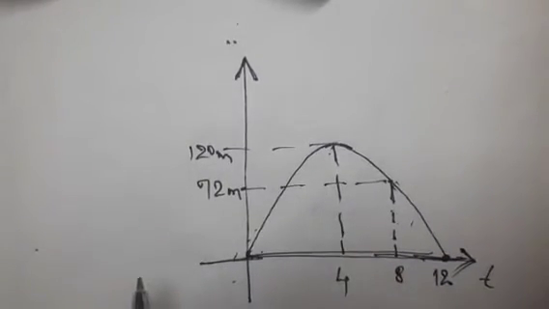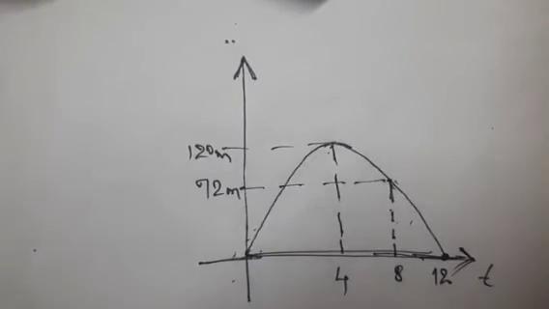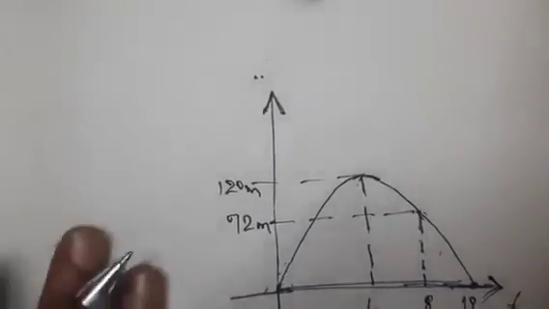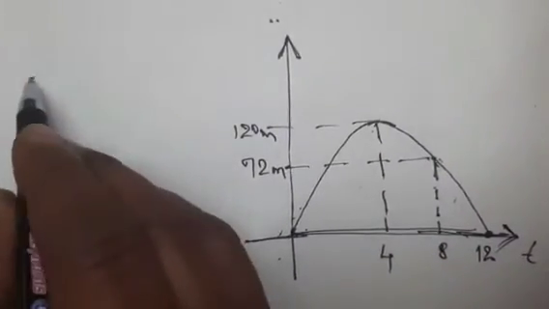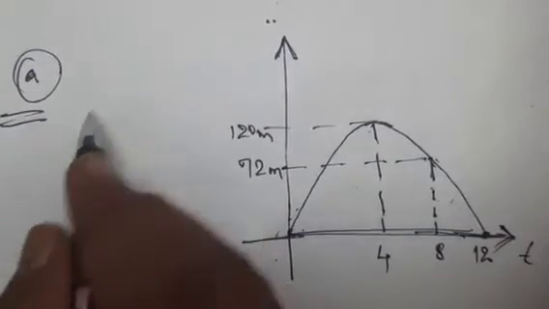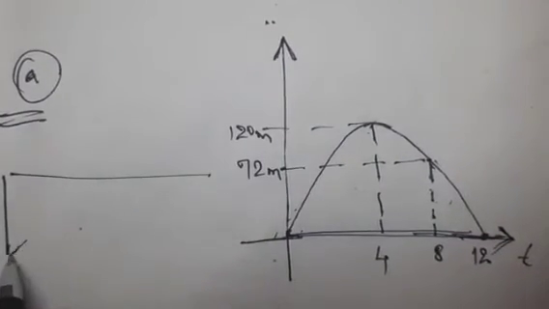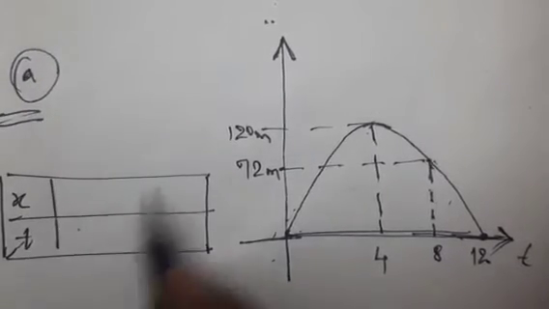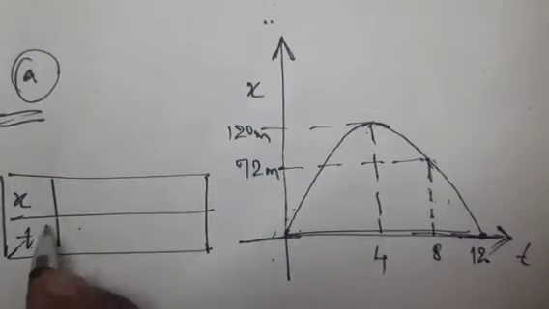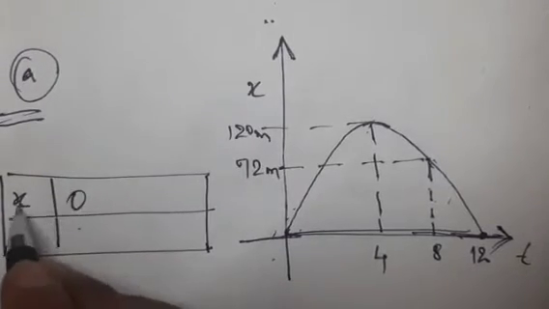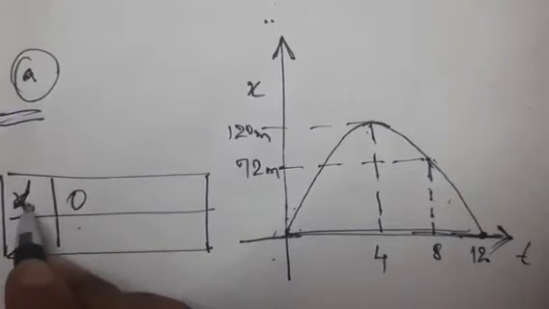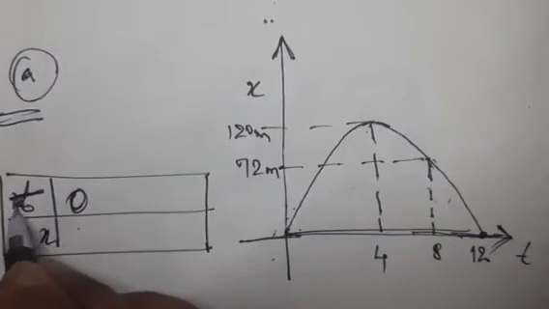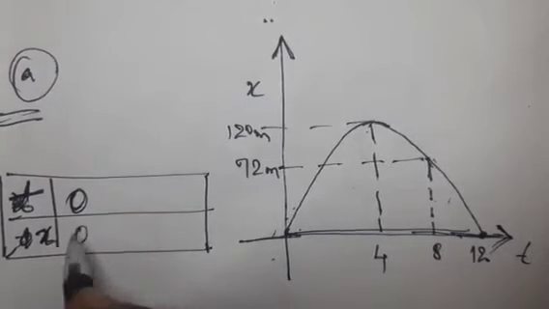So in this case we have to first fill the table that is given using different time intervals, one for x and the other for t. Here this represents x and this is t. At time t equals 0, what is the value of x? x is also 0.